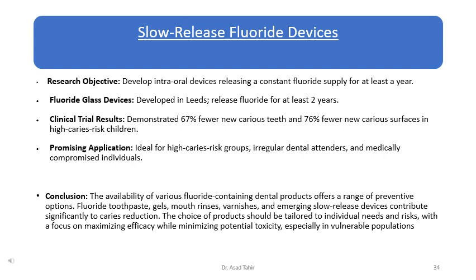Promising application: these devices are ideal for groups prone to cavities, people who don't visit the dentist often, and those with health issues. Conclusion. With various fluoride dental products available, there are many options for preventing cavities. Fluoride toothpaste, gels, mouth rinses, varnishes, and new slow-release devices all help reduce cavities. It's important to choose products based on individual needs and risks, focusing on effectiveness while minimizing the risk of side effects, especially in vulnerable groups.